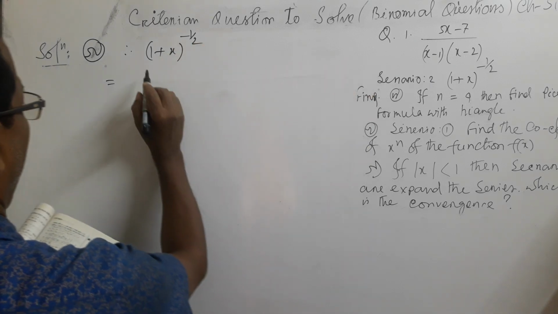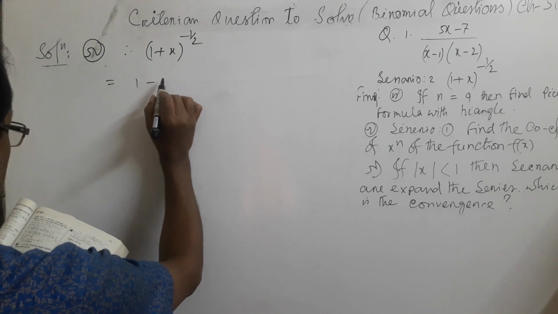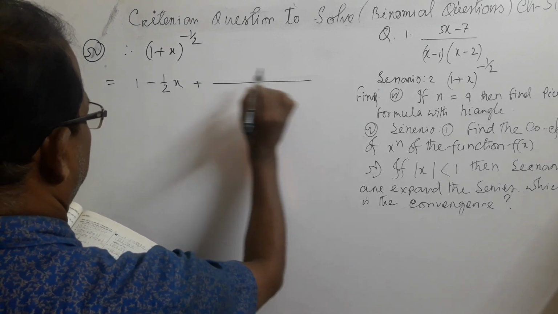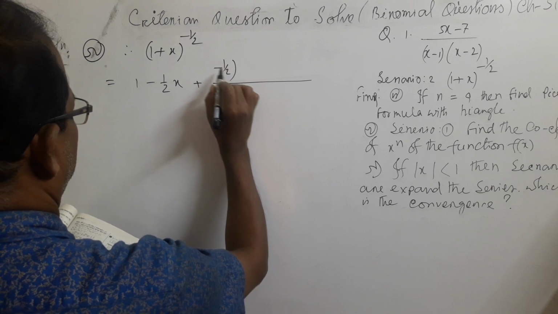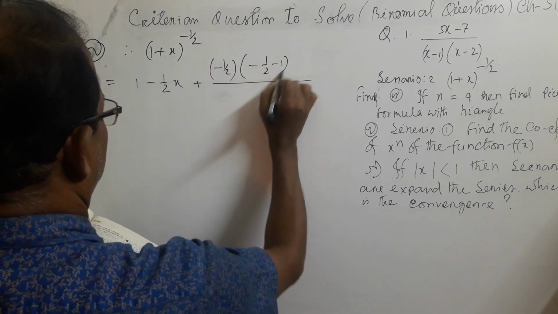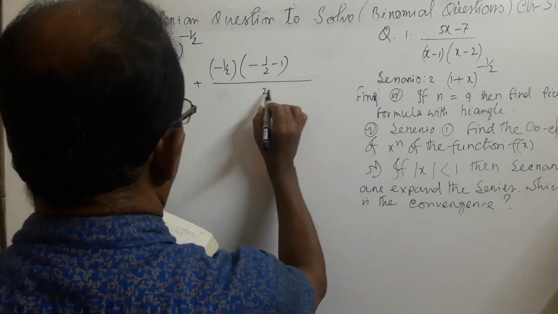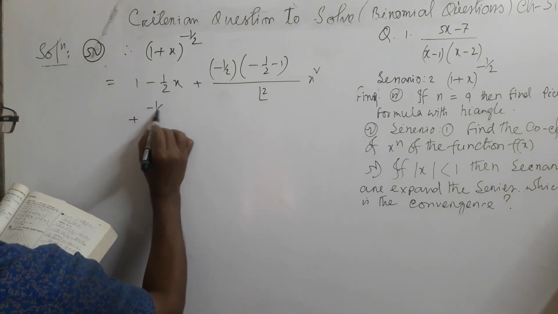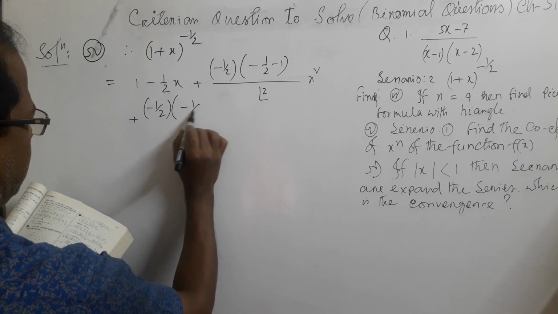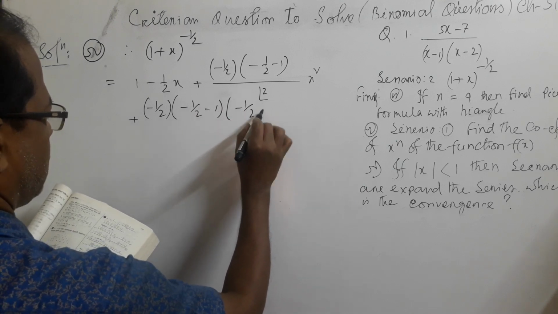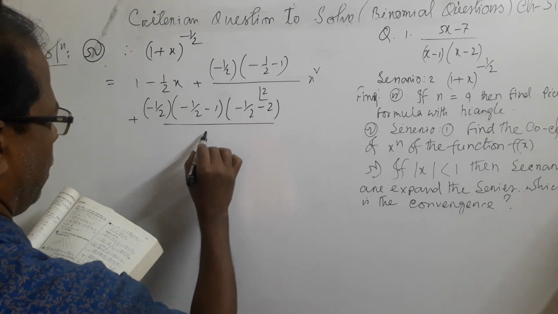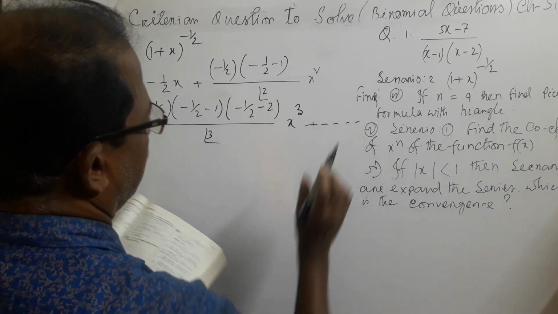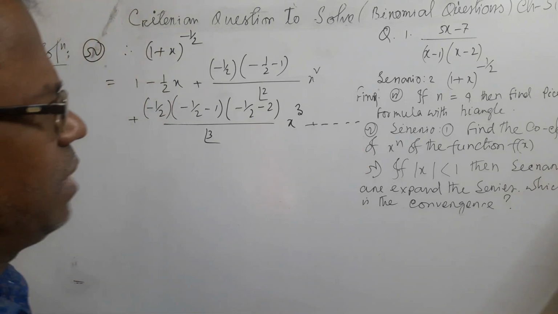So we have to think about the formula: 1 minus nx plus n(n minus 1) by factorial 2 into x squared plus n(n minus 1)(n minus 2) divided by factorial 3 into x cubed plus up to so on.